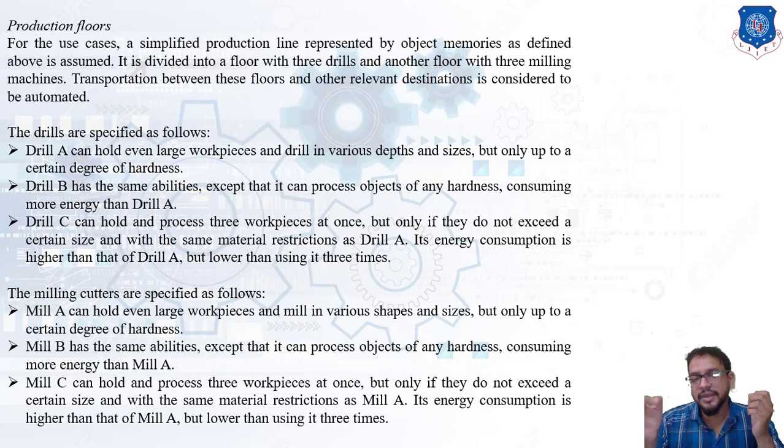Second, mill B has the same ability as mill A, but in addition it can mill any type of workpiece of any degree of hardness.